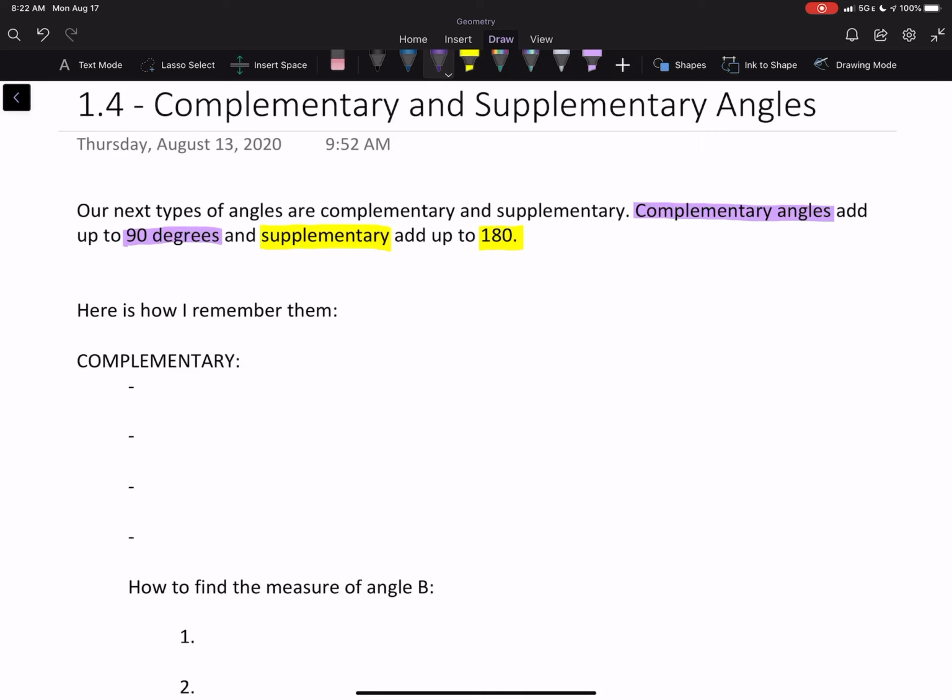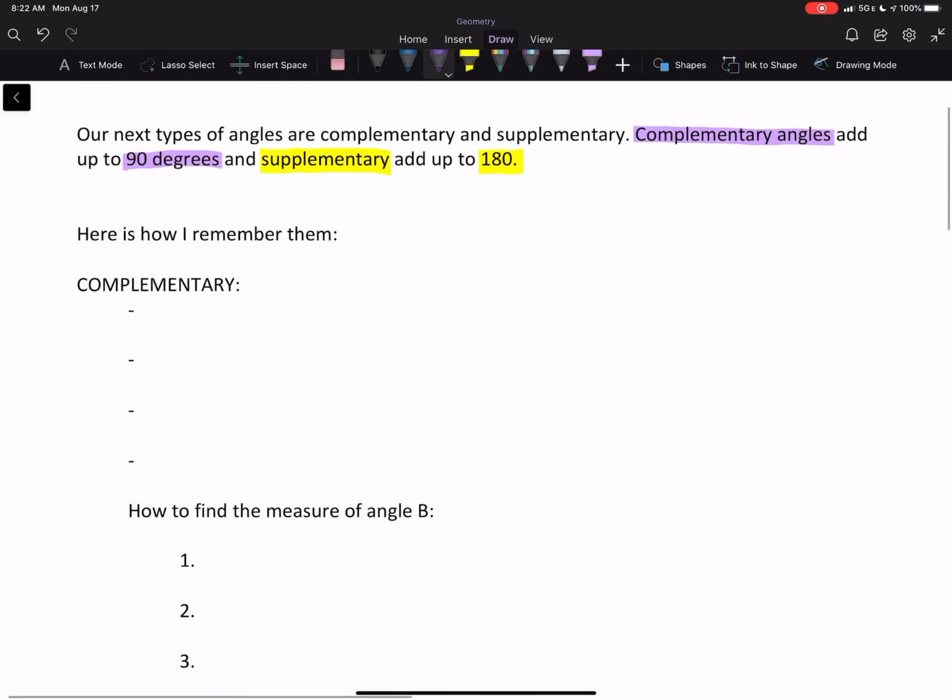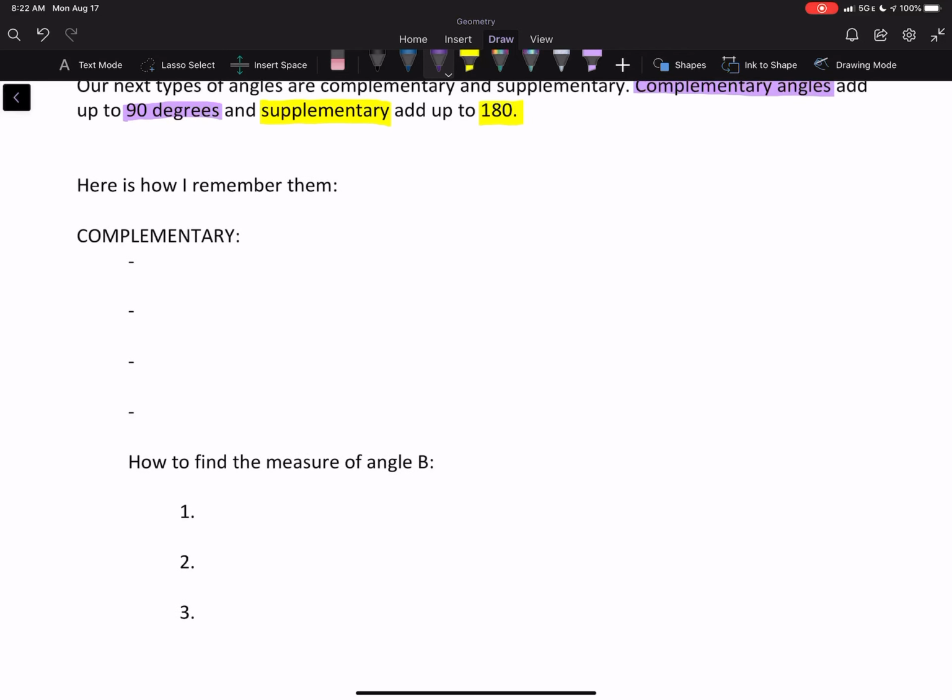So the biggest challenge really is probably remembering which is which. So let me share with you how I remember them. Complementary angles, start with those.